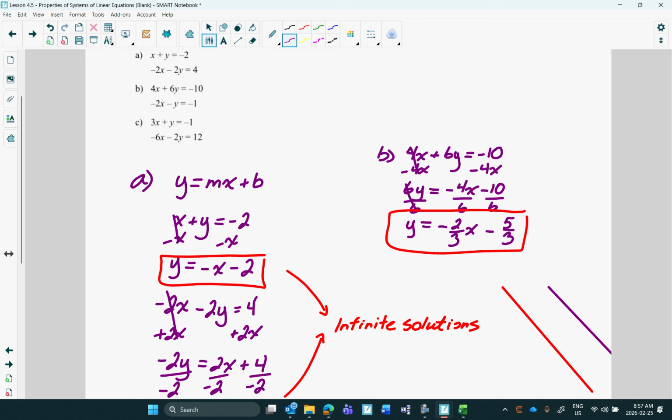Second equation is negative 2x minus y equals negative 1. Got to get y by itself. Add 2x to both sides.